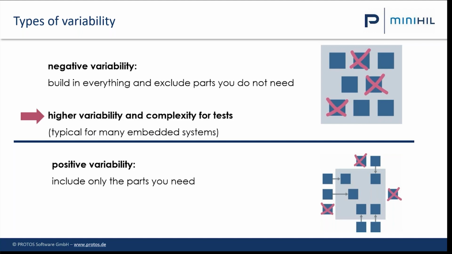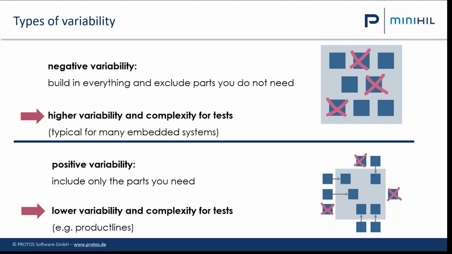The point is, if you use a negative variability, you have a higher variability and complexity, not only in your application, but also for the tests. That's very typical for many embedded systems. If you can activate and deactivate functionalities on the fly in the field, then theoretically you have to test all the combinations of those functionalities, whether they work together or not. This brings a lot of complexity into your development and especially into the testing.